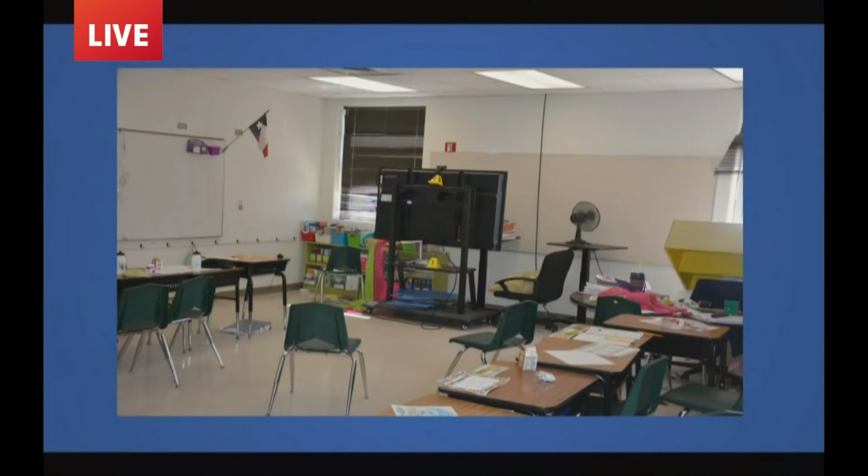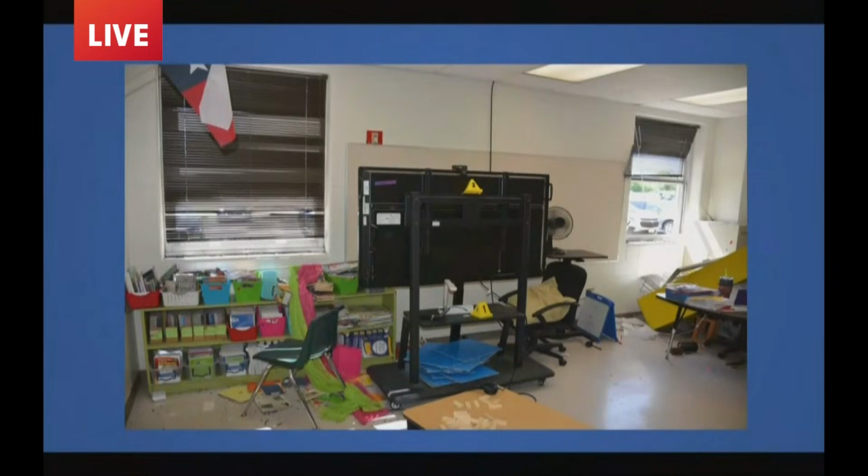Exhibit 251. That's going to be a photograph of the TV stand with our two exhibits, our markers. Exhibit 252. It's another photograph of the TV stand with our evidence markers. And Exhibit 253.